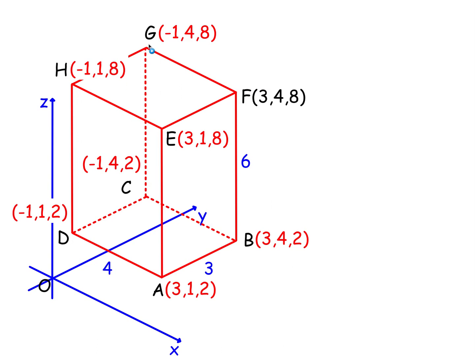And at the top, E, F, G and H all have the same z coordinate because they're all 8 units up. And the same A, B, C and D are all the same z coordinate because they're all 2 units up. So it's all from starting at point 348.